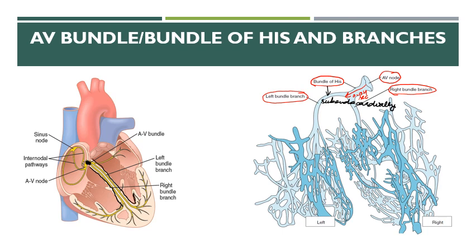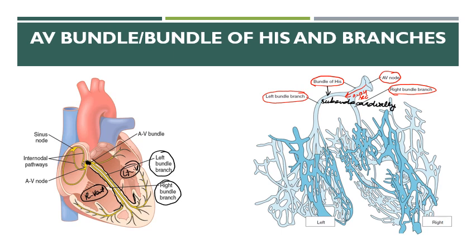It separates the left ventricle from the right ventricle. When it passes subendocardially down the right side of the interventricular septum, it divides into the right bundle branch and the left bundle branch.